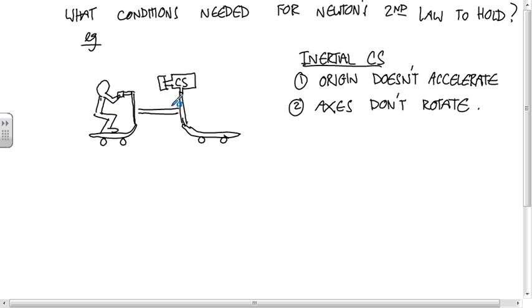That wouldn't work, on the other hand, if this is accelerating. Okay? So imagine that this person's standing here and a strong cable is attached to this and it's attached to a truck, and the truck takes off and accelerates this whole system to the right. So now there's acceleration.